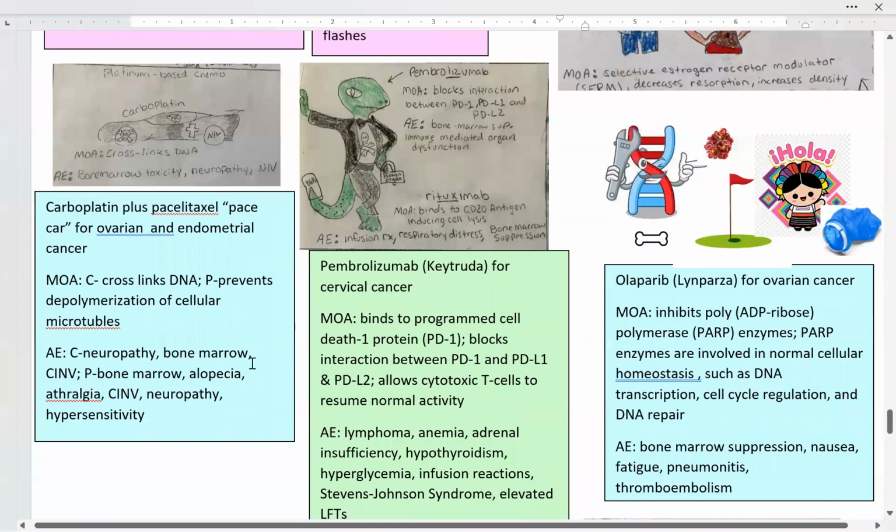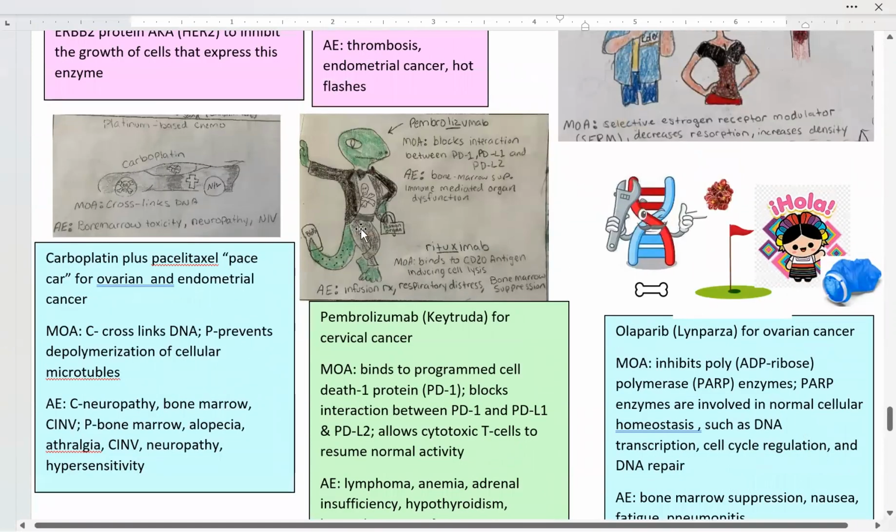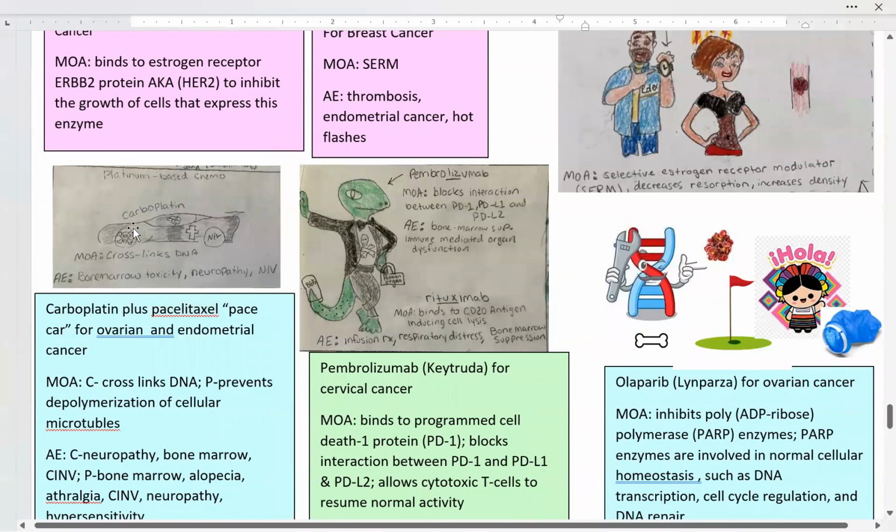So then there's 2 boxes in blue here. So those treat ovarian cancer. So again, these are previous drawings. So carboplatin was one that we learned before. Now we're doing carboplatin plus paclitaxel. So I had previously drawn a platinum car, a car that looks like it's made out of platinum.